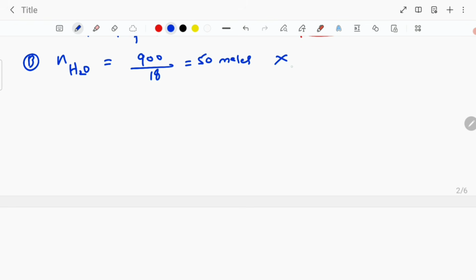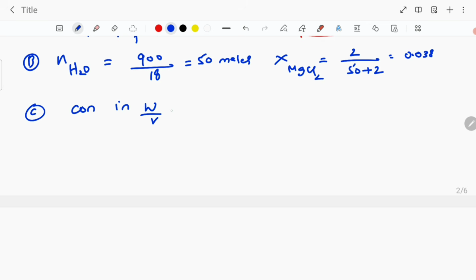Then mole fraction of MgCl2 is moles of MgCl2 by total moles, so 2 by 50 plus 2, which is equal to 0.038. Next, option C. They're asking here concentration in W by V. How do we calculate? Weight of solute 190 grams by volume of solution into 100, which is equal to 19%.